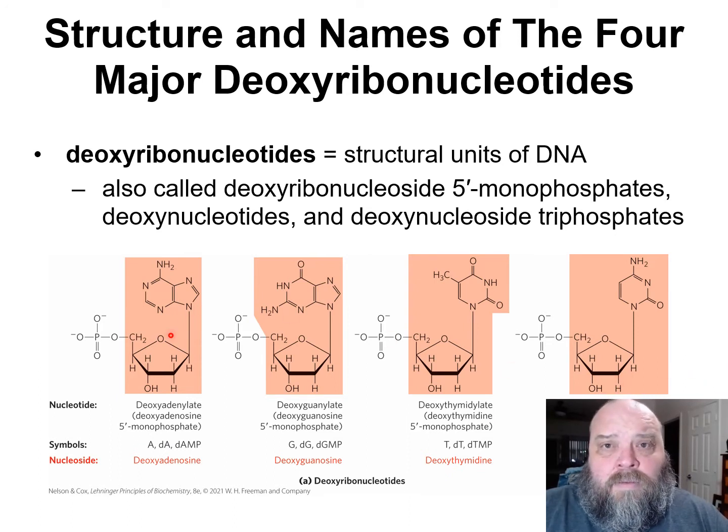You're going to hear most biologists refer to this as adenosine, guanine, thymine, cytosine. The truly more correct name is deoxyadenosine 5' monophosphate. Yeah, that just doesn't work.